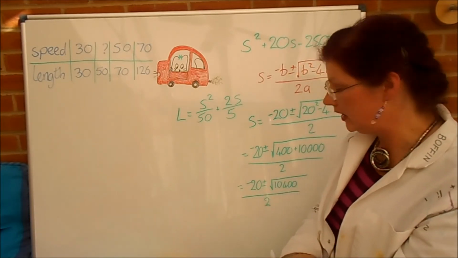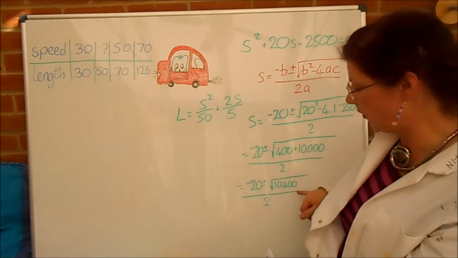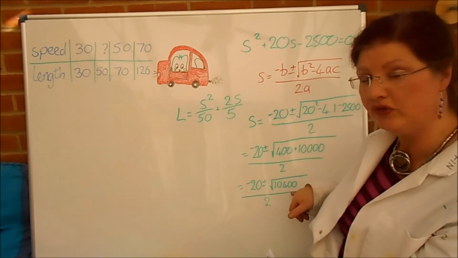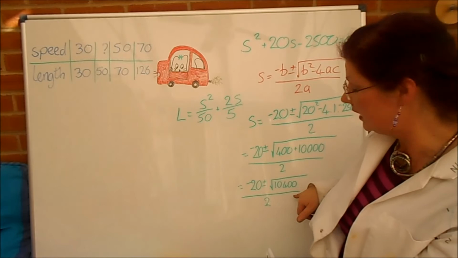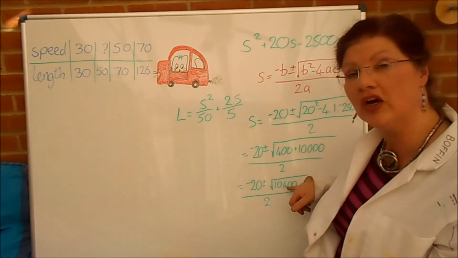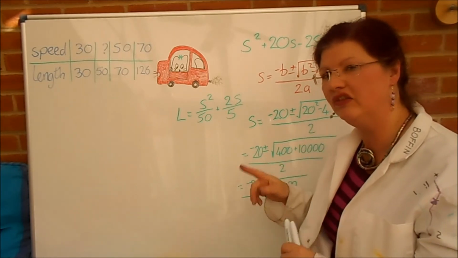Right, we end up with negative 20 plus or minus the square root of 10,400, whole thing over 2. 10,400 is not a square number, so when you square root it, you're not going to get a whole number, which is why, of course, it didn't factorise.